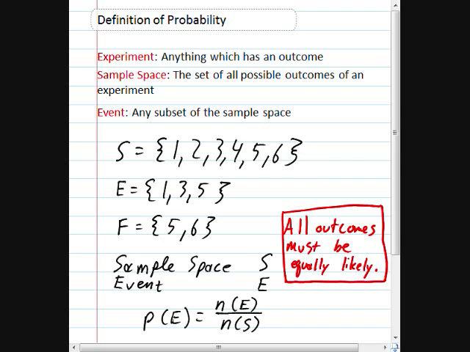The first element is the outcome of rolling a number less than or equal to 4. The second element is the outcome of rolling a 5 or 6. Notice that these two outcomes represent all the possible outcomes of the experiment. You'll either roll a number less than or equal to 4, or you'll roll a 5 or a 6. We wouldn't want to use this sample space because these two outcomes are not equally likely.